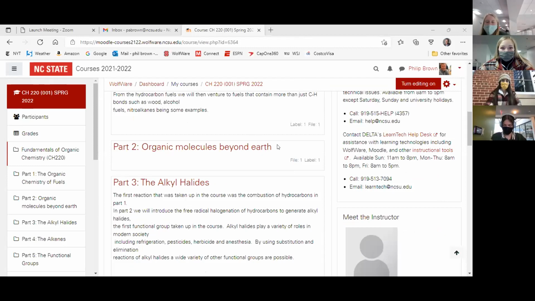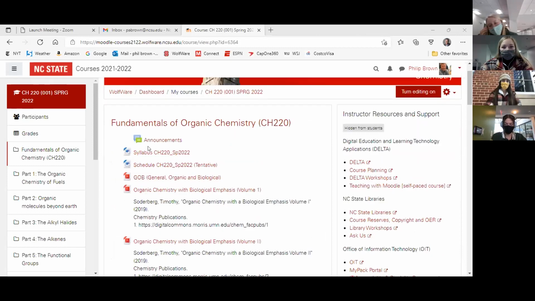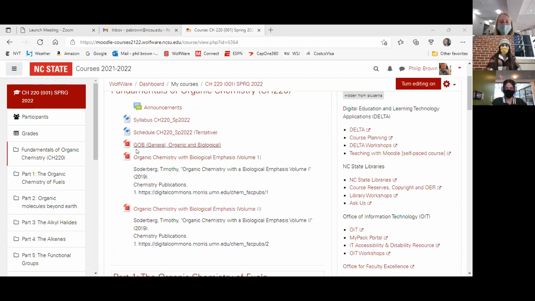Okay, so again, here's this Moodle page that I just described a moment ago. You see syllabus and schedule are two things that you're going to need that may change a little bit as we go along. So keep that in mind. Here's one textbook, an online textbook that is generic in nature.